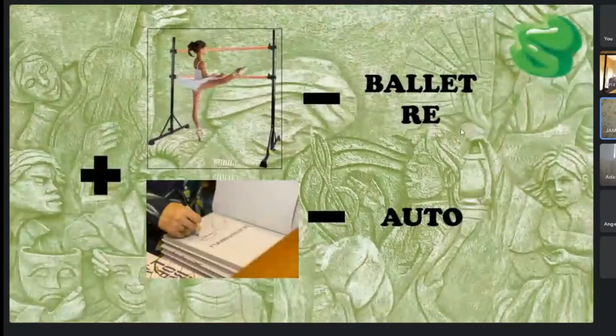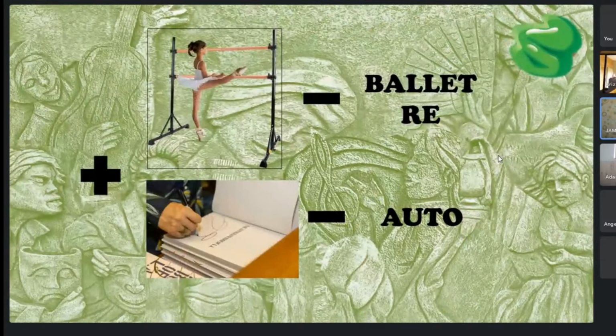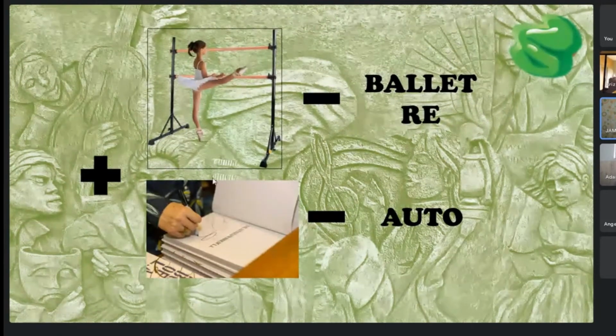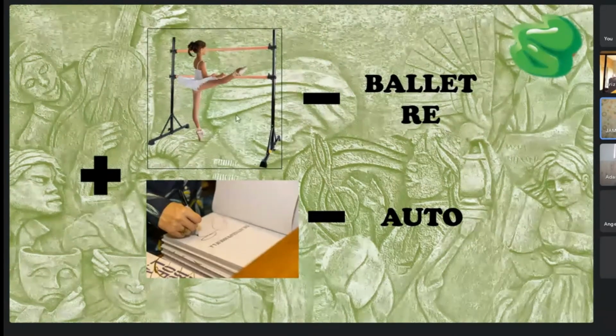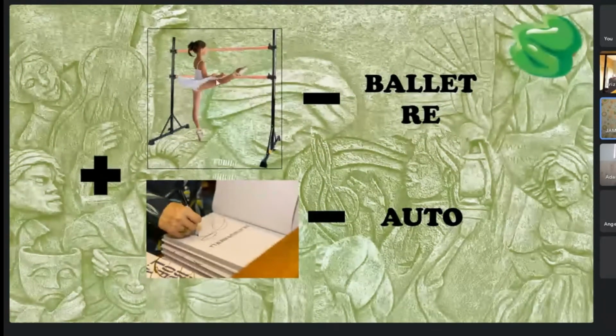Let's have the color green. Can you decode this message? Anyone? This picture, what do you think is this picture? Minus ballet re, plus this picture, minus auto. Anyone? This picture is used in the ballet dance.